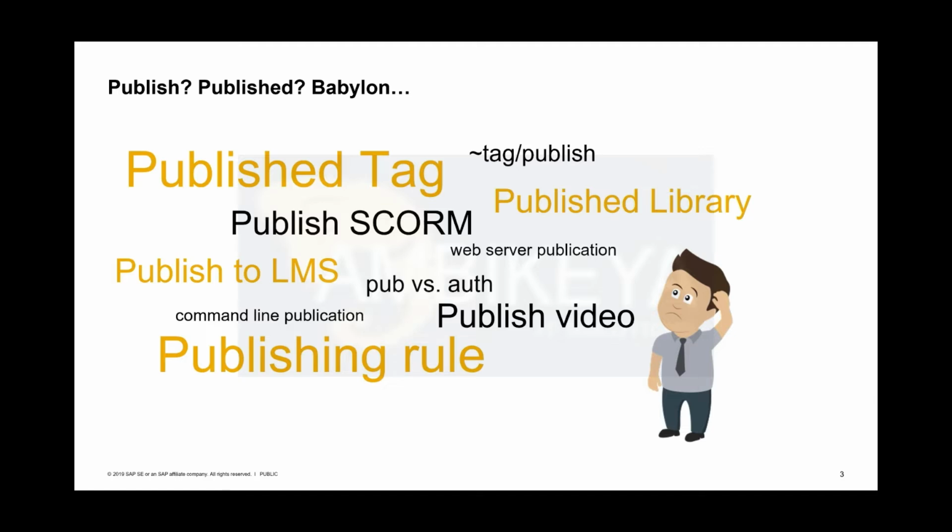Published tag, the tag published tag, publishing SCORM, a published library versus a web server publication, and what the hell are videos, and what is a publishing rule, and all this will be sorted out during today's session, at least hopefully. To get all this Babylonic publish and publication terminology nightmare cleared up a tiny bit.